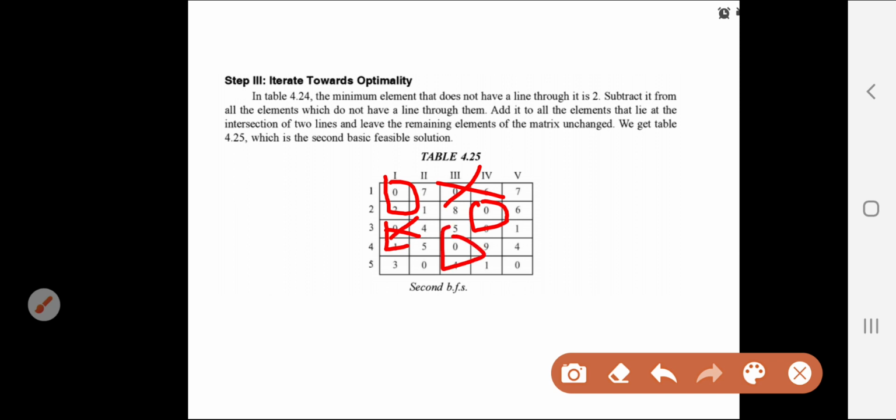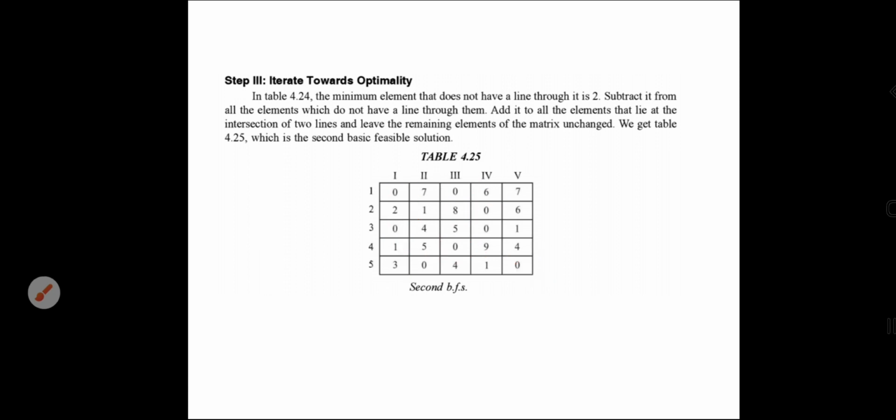Fourth, mark. And fifth, mark, and this is crossed. Here there are only 4 assignments, but 5 assignments are required. That's why it is not optimal.